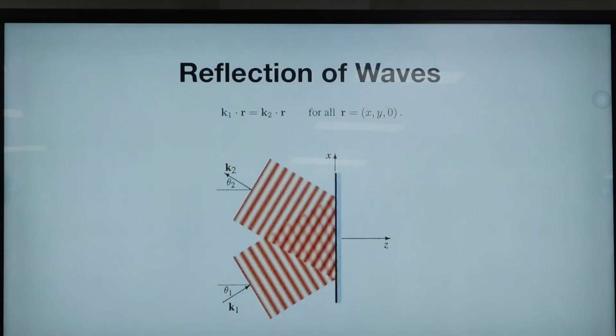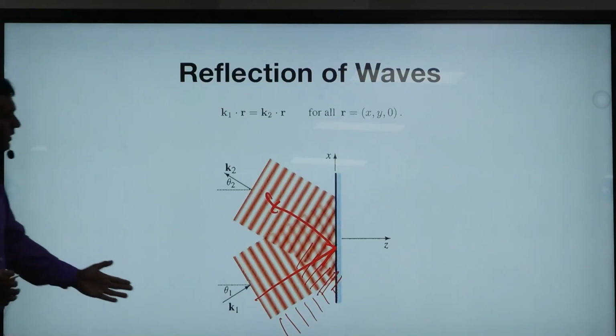Another example is reflection. You remember last time, rays of light fell on the mirror, angle of incidence was equal to angle of reflection, and light got reflected. In this case, you have a set of waves falling on the mirror, and the wavefronts get reflected.